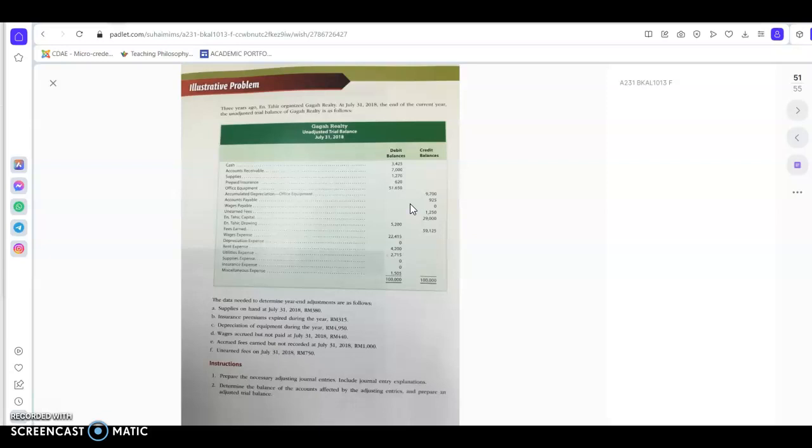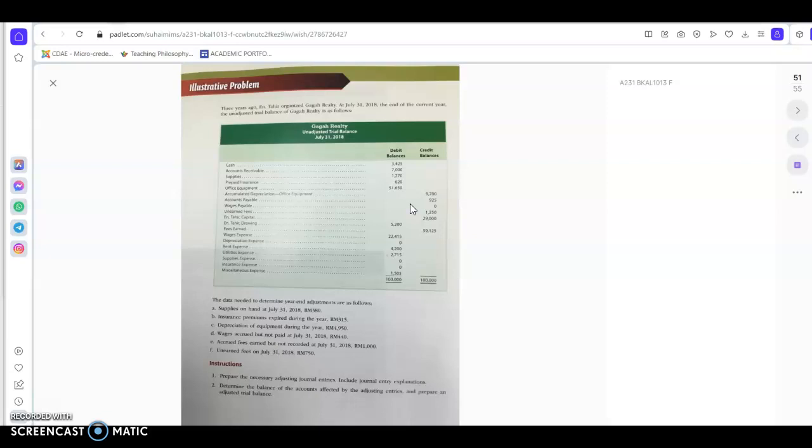It's the illustrative problem, Gagah Realty, unadjusted trial balance on 31st July 2018. So you're given a list of accounts together with its balance figure.